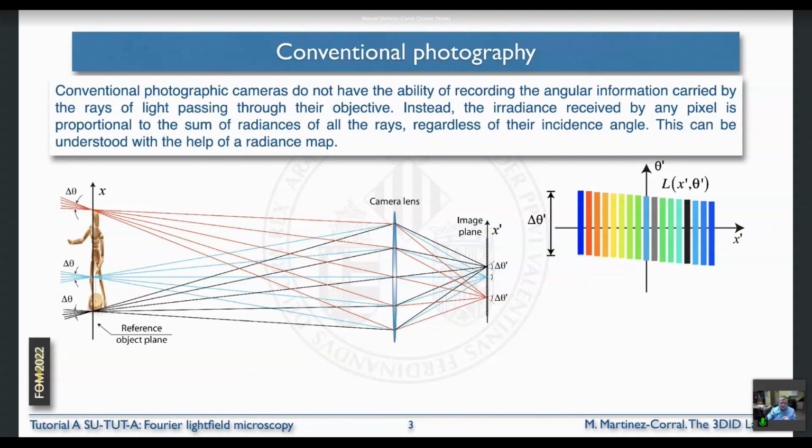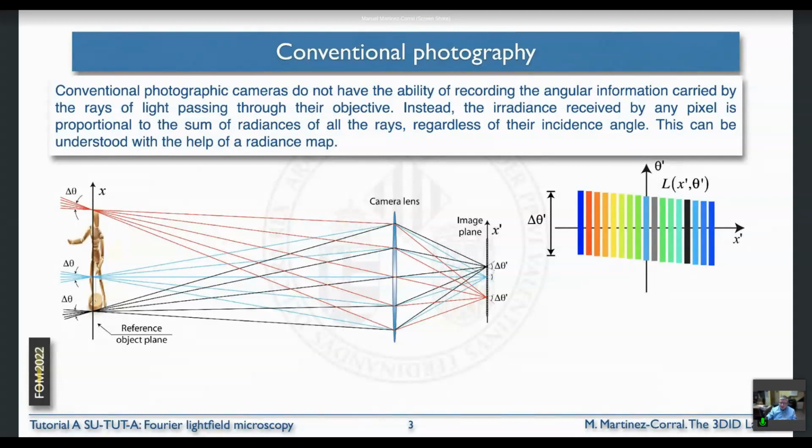You can see that every point of the object emits a diverging beam of rays. These rays are collected by the camera lens and focused onto the sensor. Specifically, there is a correspondence between any point of the object and the corresponding pixel of the sensor.